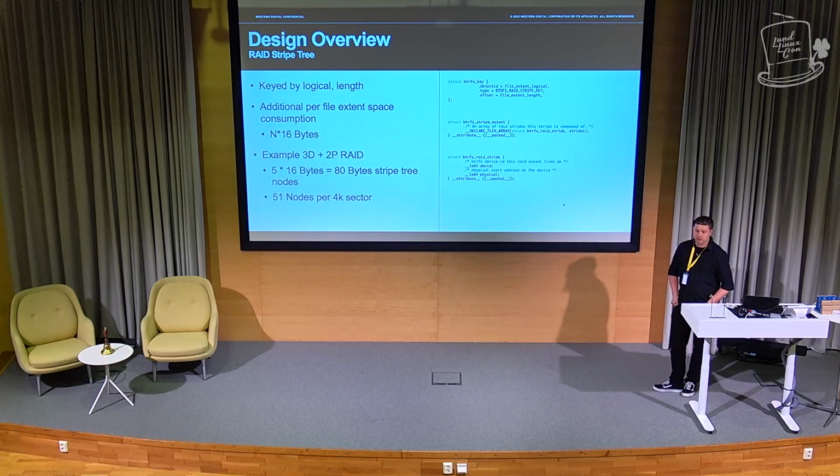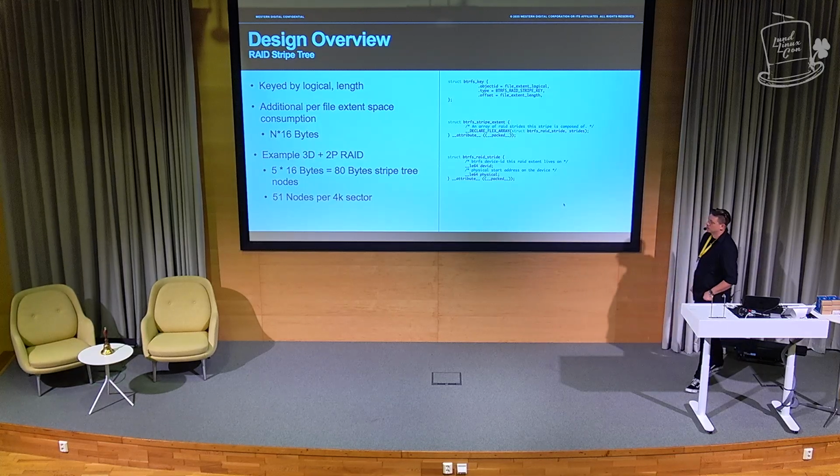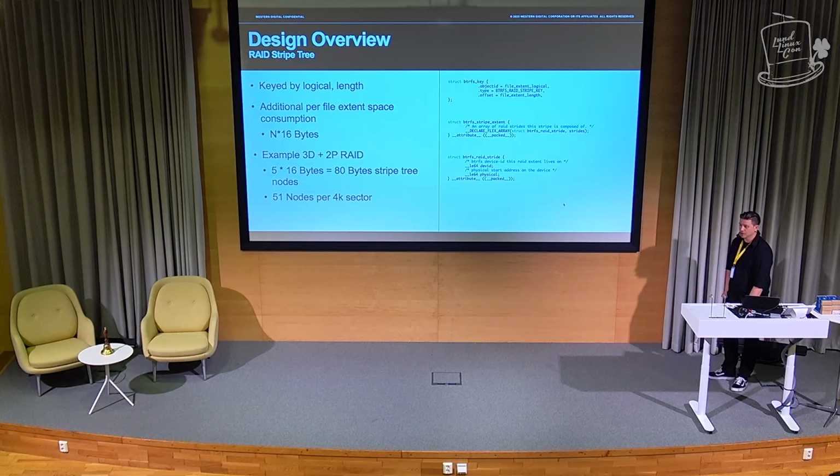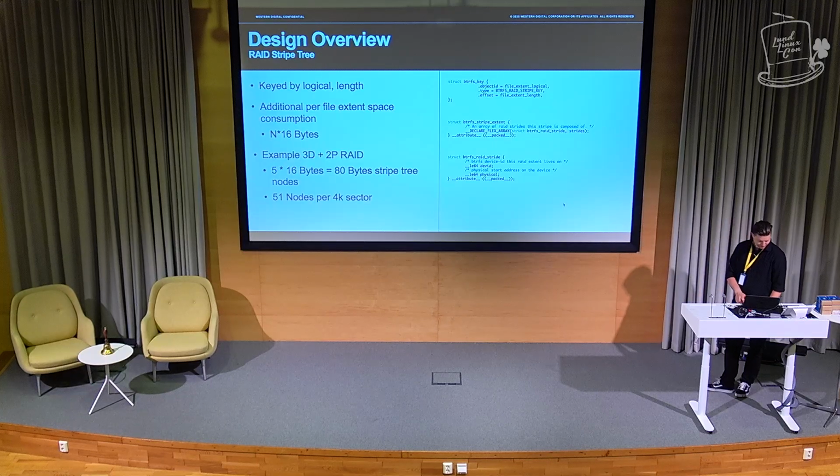So for a 3 data, 2 parity RAID, like a beefed-up RAID 6 with an additional data drive, it's only 80 bytes per extent, which still fits 51 nodes of the B-tree in a single sector. So with a 2 petabyte file system, come on, it's okay.